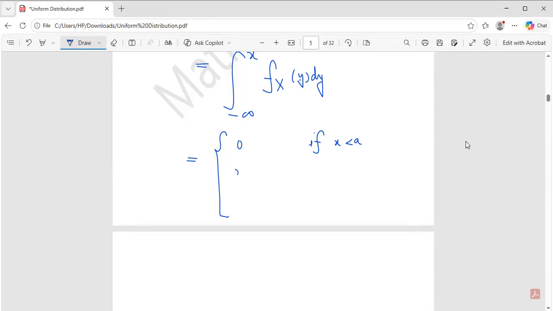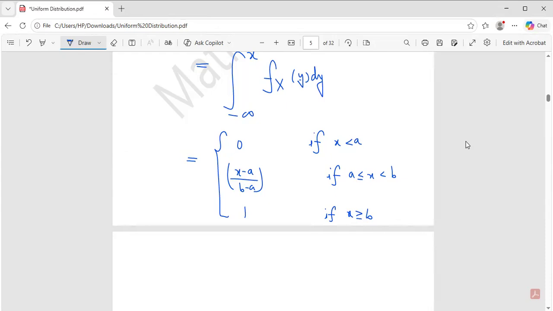It will be x minus a upon b minus a if x is in this range, and 1 if x is greater than or equal to b.